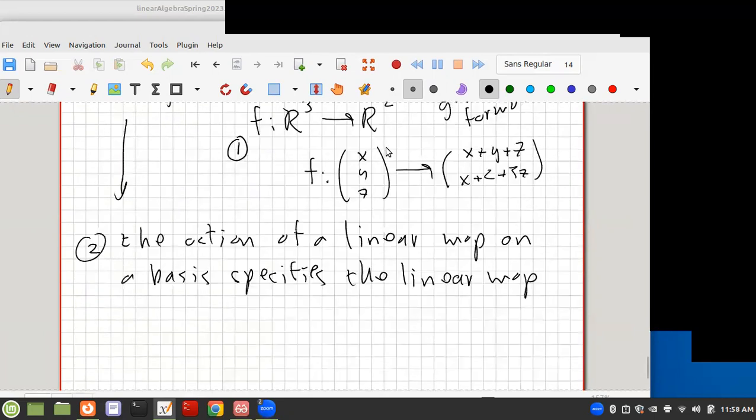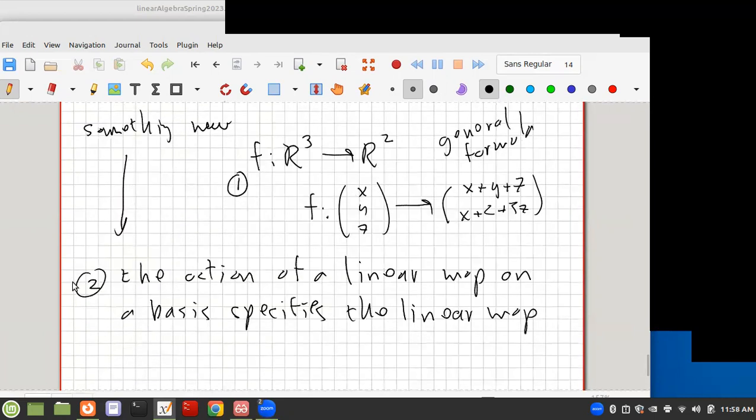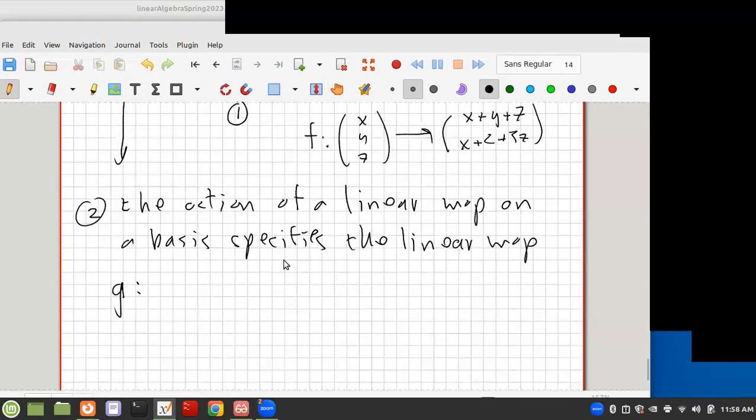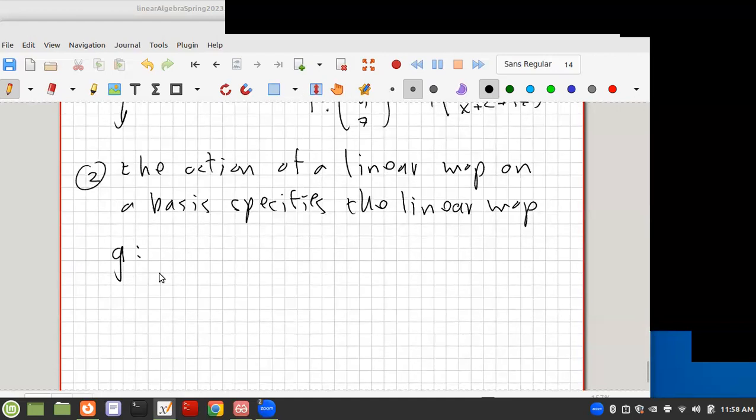Okay? I can start here, I can start with 1 and get 2, or start with 2 and get 1. Okay, what do I mean by the action on a basis here? Let's say I have the same thing for G. We'll start from here and find this, but first I want to show you how you specify it.